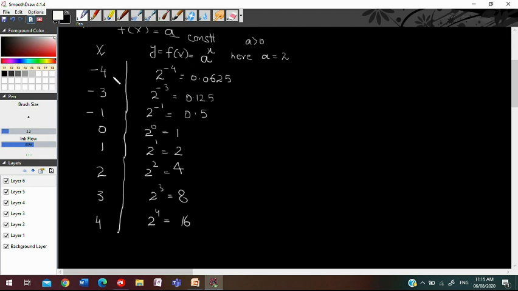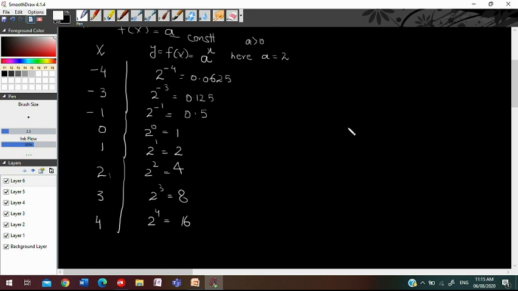When minus 4, you have this, minus 3, minus 1. You are giving different values to x, and finally you get the corresponding values of a to the power x. Now the question is still here: how do we make the graph?